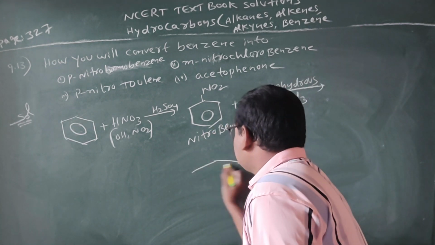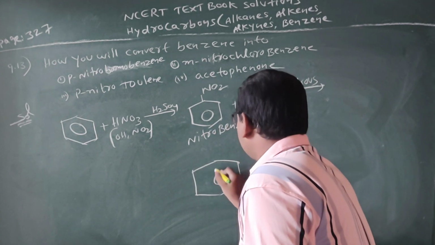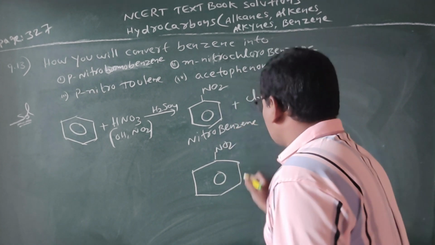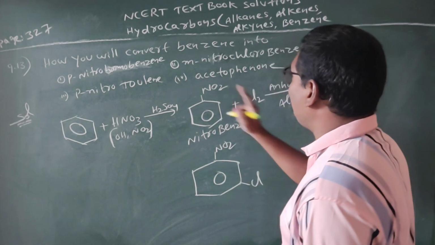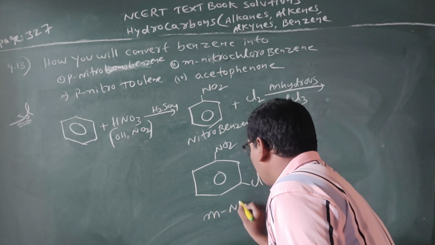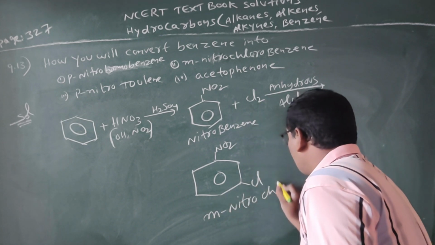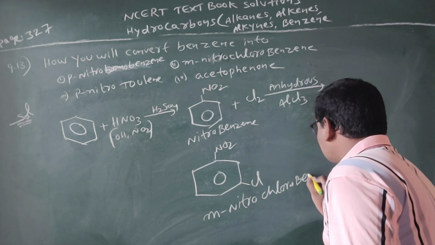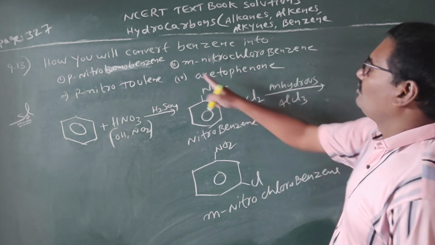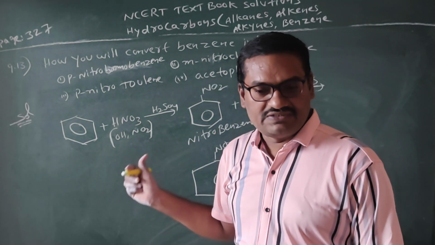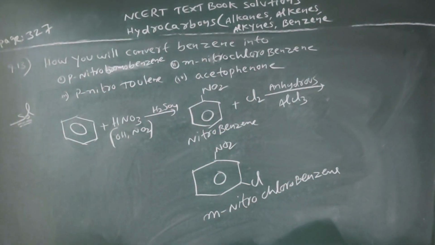The answer is the benzene ring with NO2 plus chlorine at meta. Its name is meta-nitrochlorobenzene, the second one. Please write, I will continue.